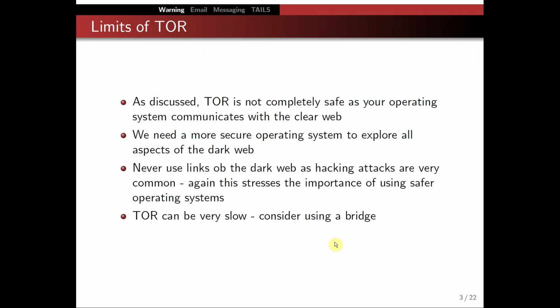What you also might have noticed is that the Tor system is very slow sometimes. The reason why it's slow is partly built in, because as you have seen, traffic is moved through the network in several steps. So that of course always slows down speed.